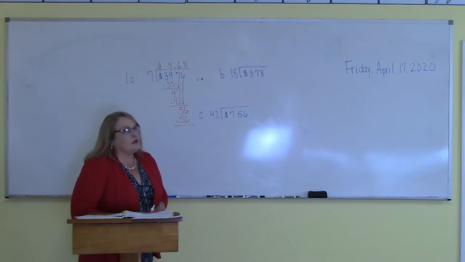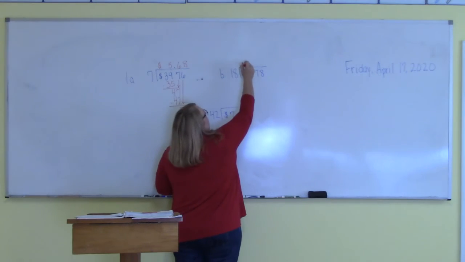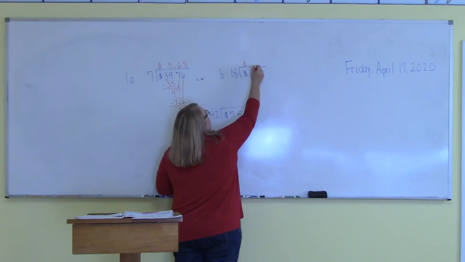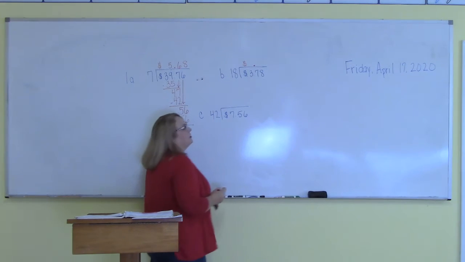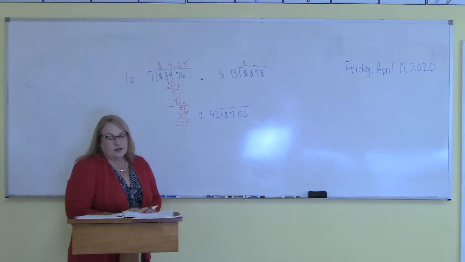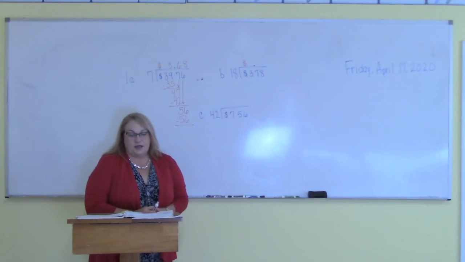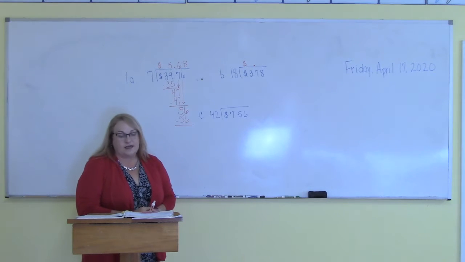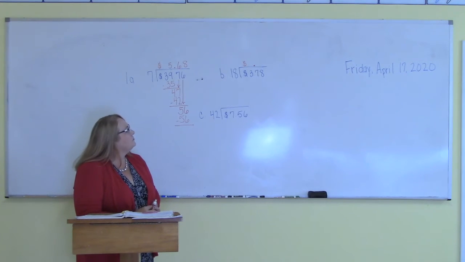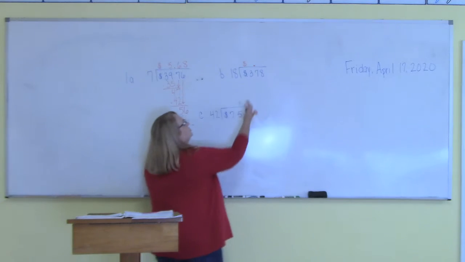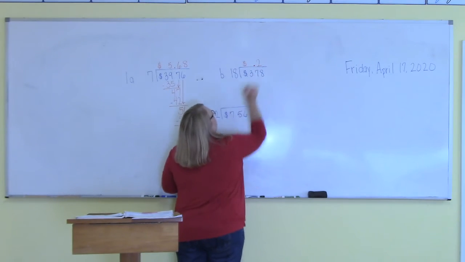Okay, let's look at B. First thing you're going to do, we're working with money. Put your dollar sign, bring your decimal straight up. $3.78 divided by 18. How many times will 18 go into 37? Good. 2. So remember to bring your 2 here.